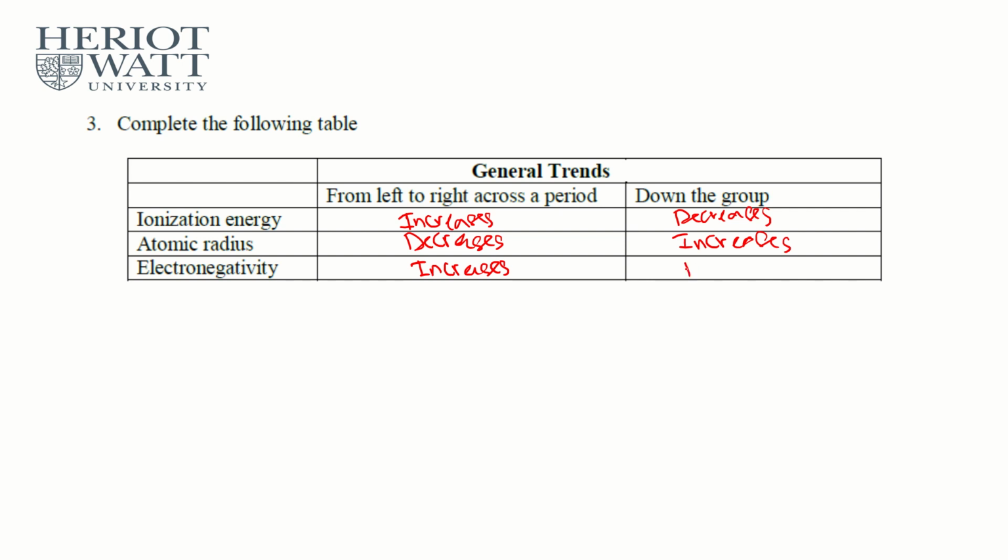Down the group it should decrease. Why? Because of higher shielding effect, while core charge remains the same. When shielding effect is higher, there are more repulsions, so it is harder for you to accept electrons. Instead, it will keep repelling them off from the atom. Repulsion is greater.